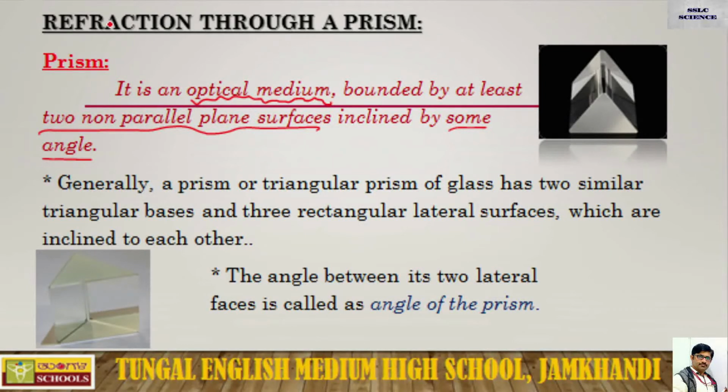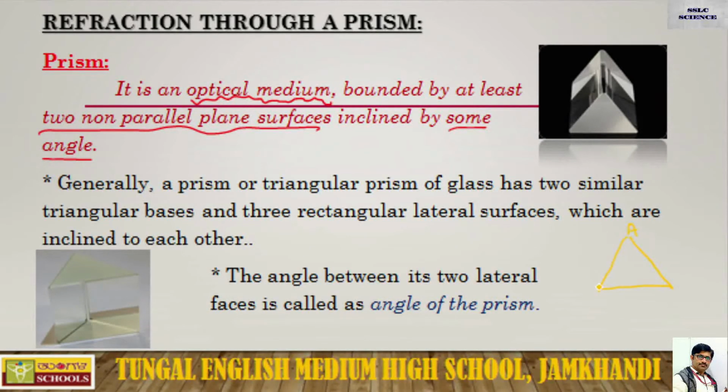So let us try to draw that. We have a couple of diagrams over here, so I will come back to those later. What is a prism? A prism is an optical medium bounded by at least two non-parallel surfaces. I'm considering a triangular prism here.